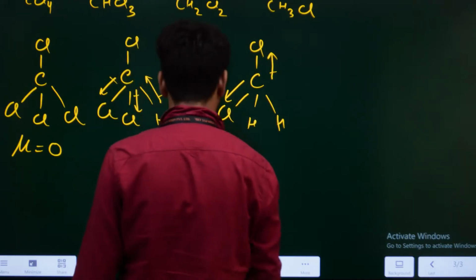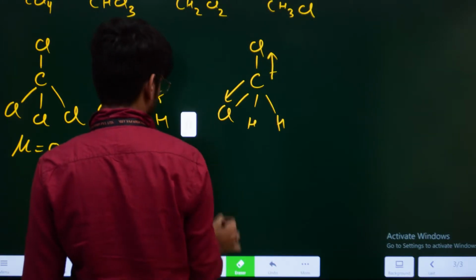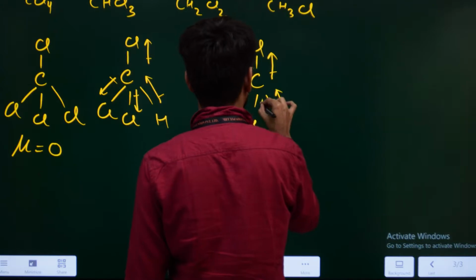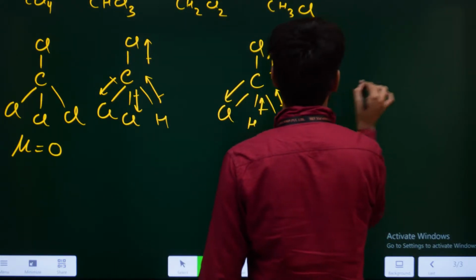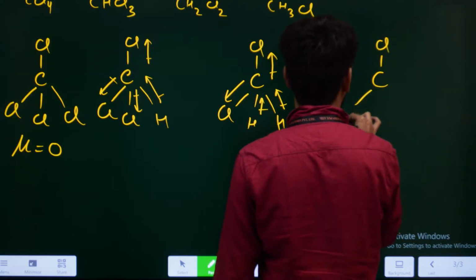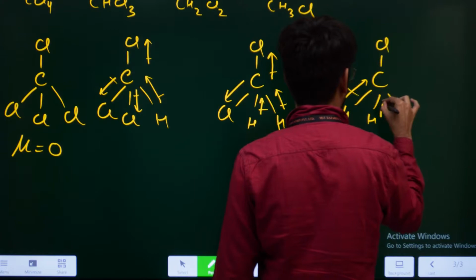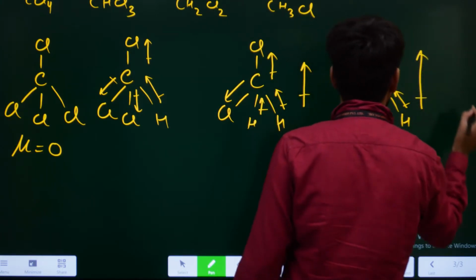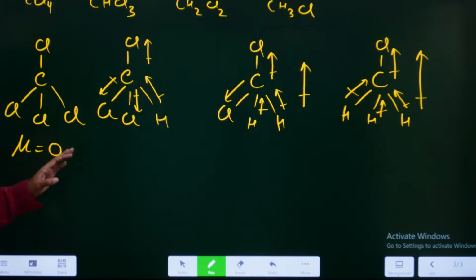Here in the second part, it will be upwards. Yes, it will be upward. And then this is the case, to get the overall upward. And finally we have CH3Cl, overall upward.